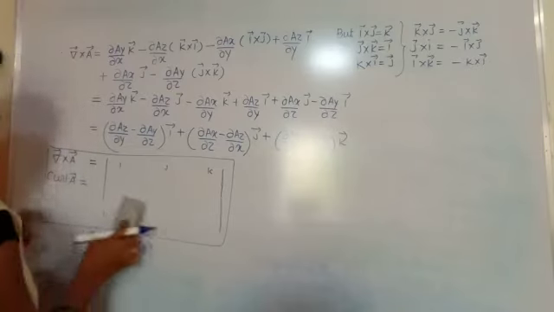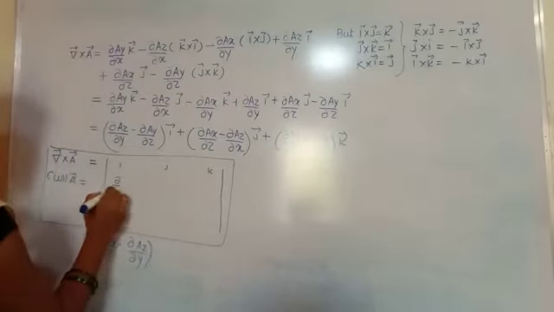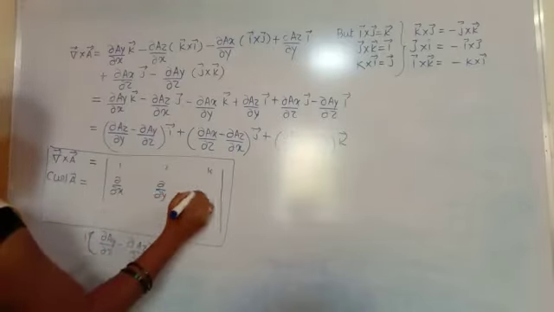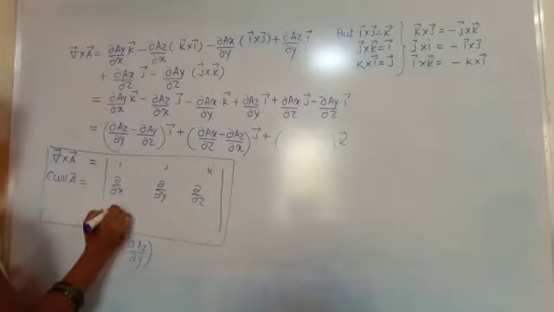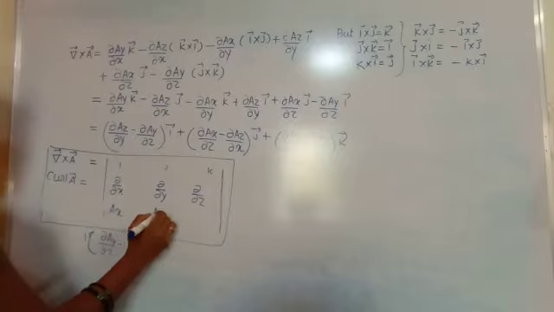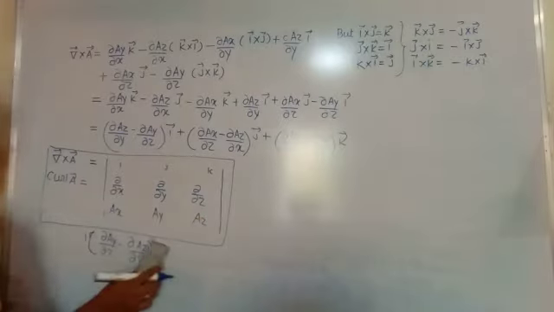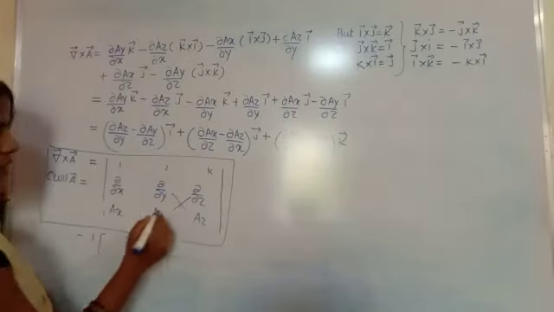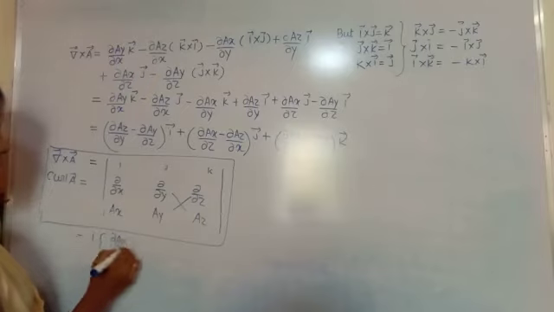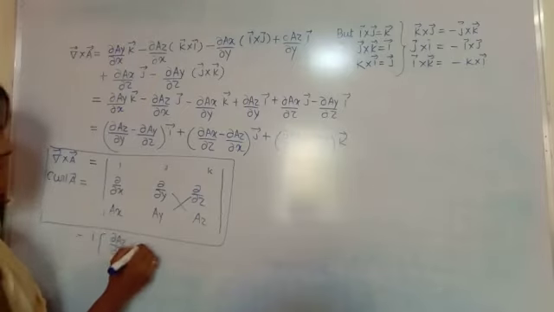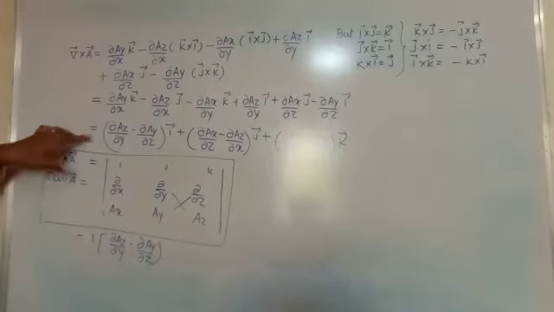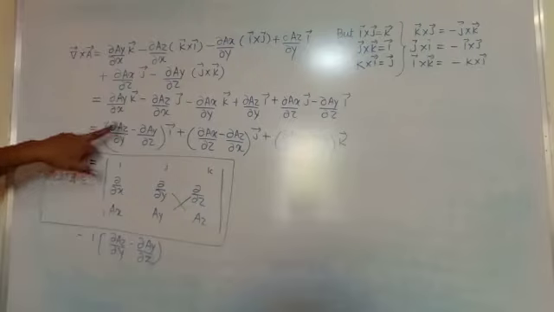Firstly we write the coordinates of the operator, del by del x, del by del y and del by del z, because first is the operator, and last is the vector A, so we write Ax, Ay and Az. Then we get the same term, i into del Az by del y minus del Ay by del z. This is the same as our equation, del Az by del y minus del Ay by del z.